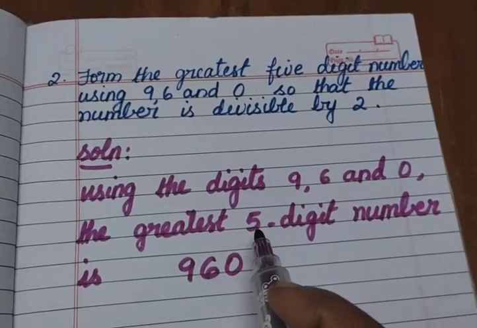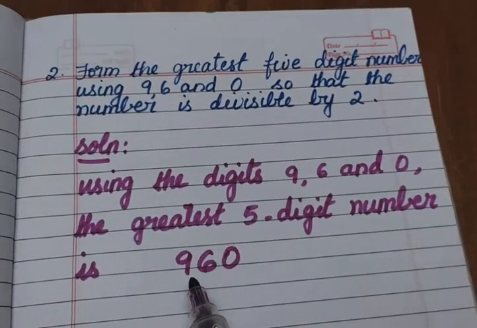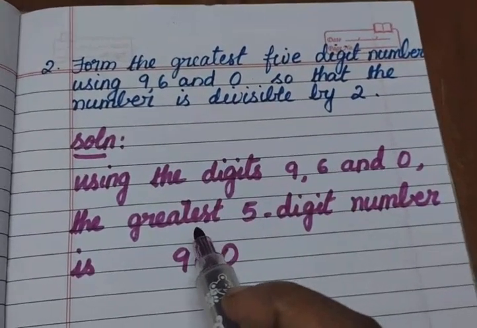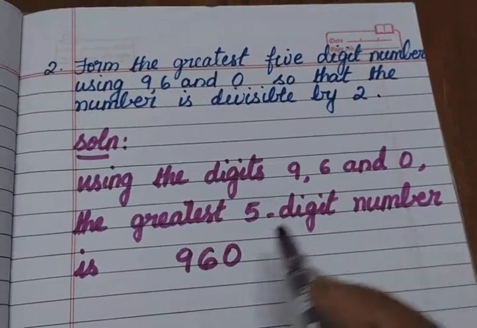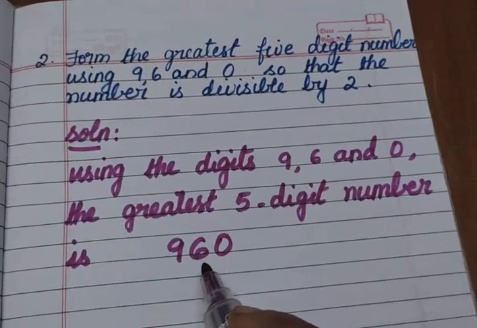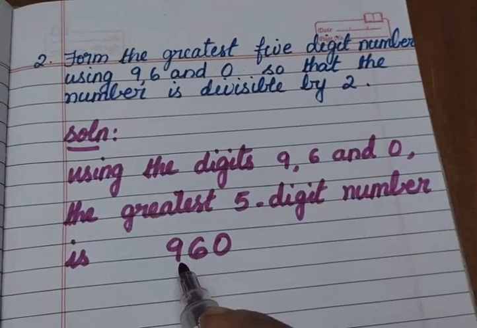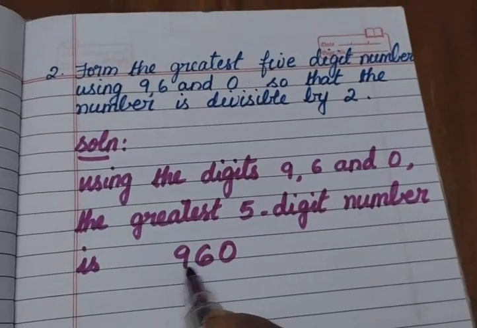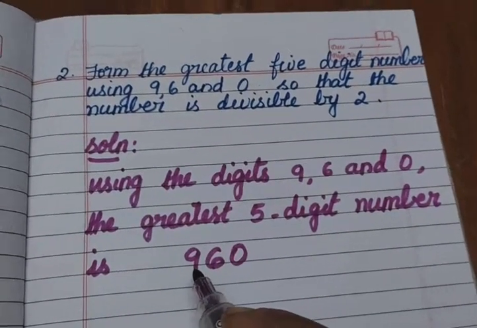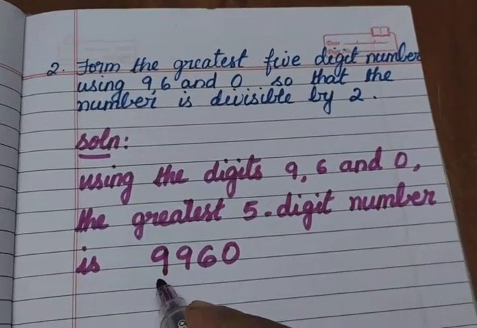So for the greatest 5-digit number, the greatest digit is 9, so we have to repeat this 9. If we need the smallest 5-digit number, we have to repeat the smallest digit. Here we need the greatest 5-digit number but have only 3 digits, so to make it 5 digits we repeat the greatest digit, 9, at the highest place.